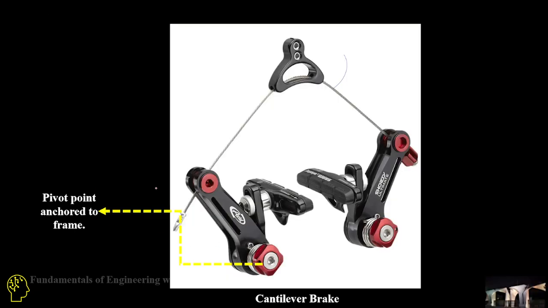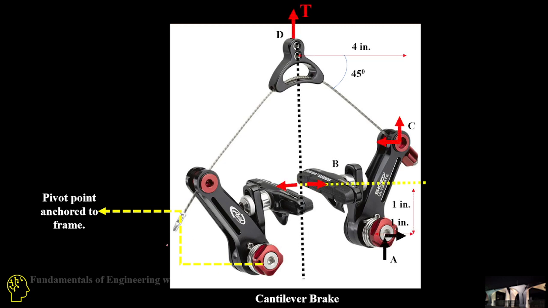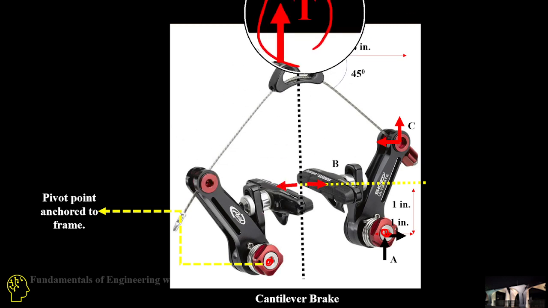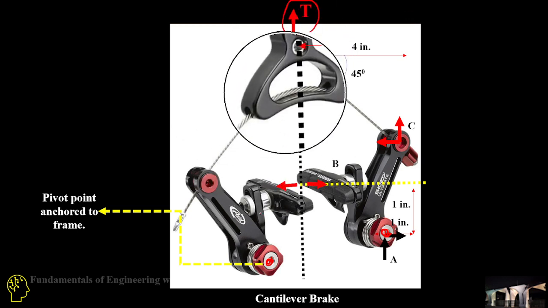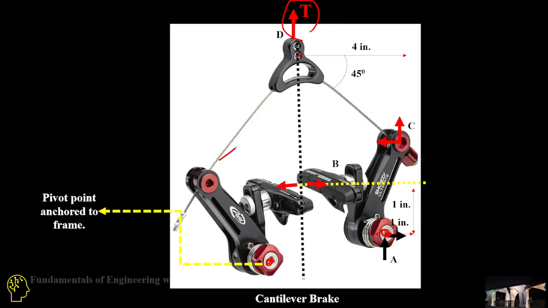So first of all, let's have the dimensions. If we call these points A, they are pivot points attached to the frame, so they are not moving. The only moving part is when you pull up point D by applying a tensile force, you're pushing the cables upward and making the brakes close the gap.